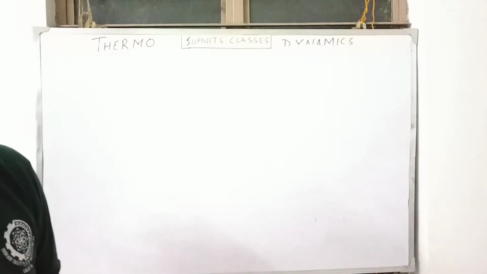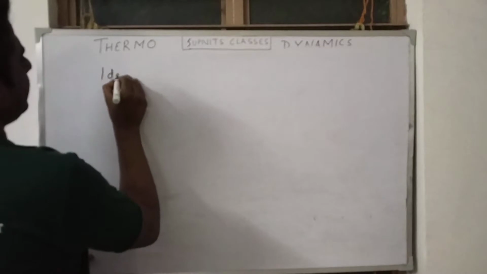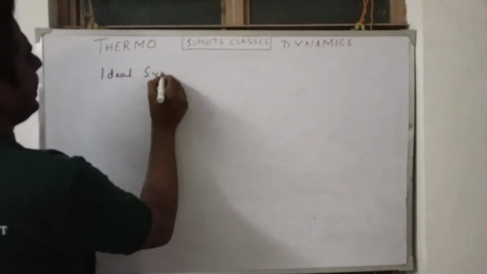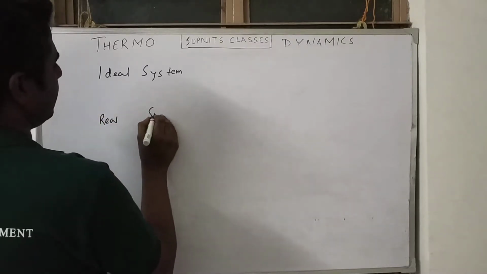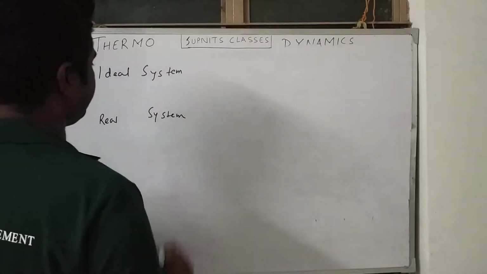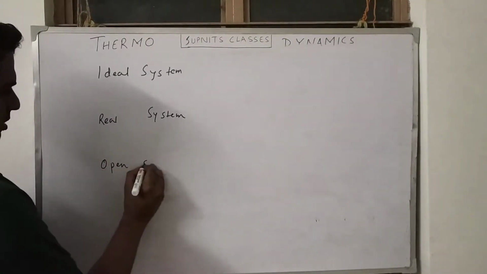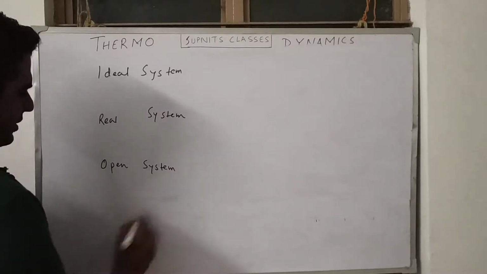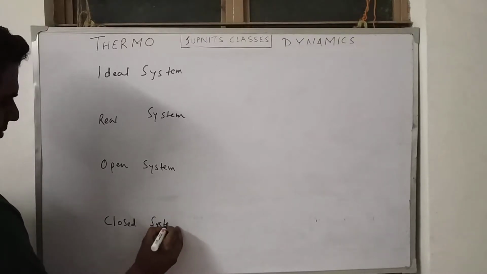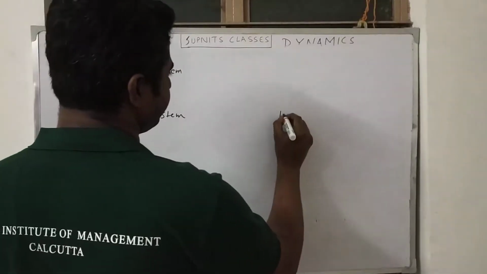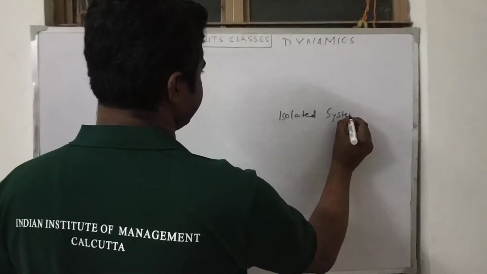ठीक है. So now there are types of systems. So there are various types of systems. I'll just write the names first. Ideal system, real system, then open system, closed system, isolated system.